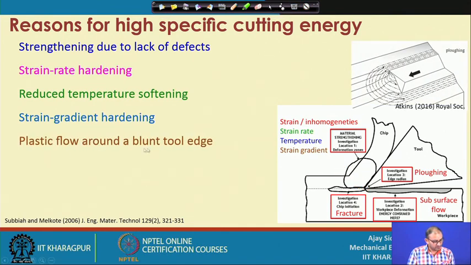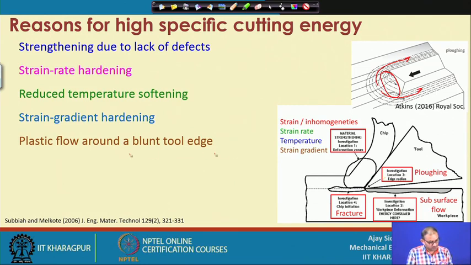Right. Plastic flow around the blunt cutting tools. We have seen this diagram in the previous lecture or previous slides. Here, material is deformed ahead of the tool, some material is transferred to the sides, and some material is accumulated on the rake face of the cutting tool.